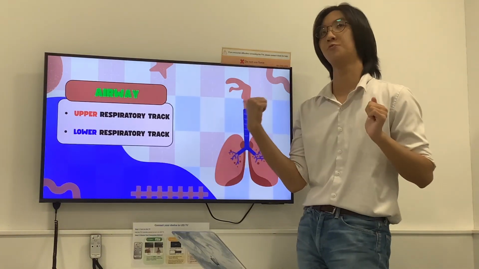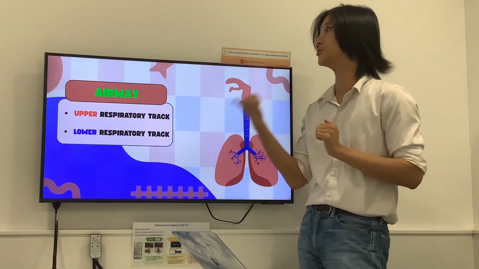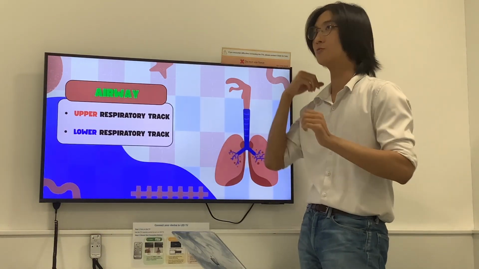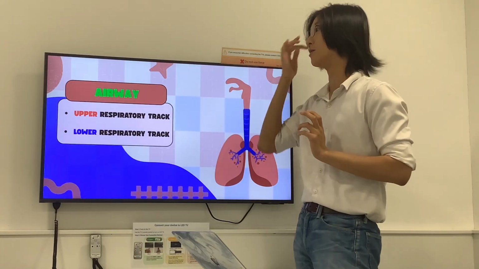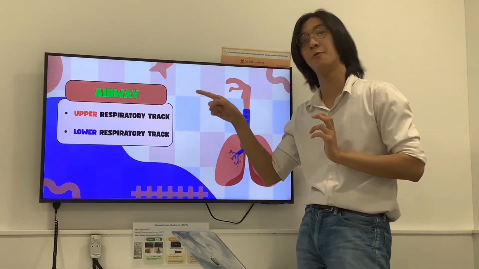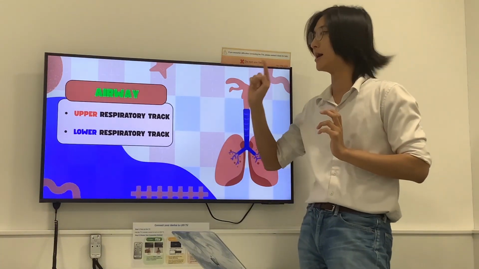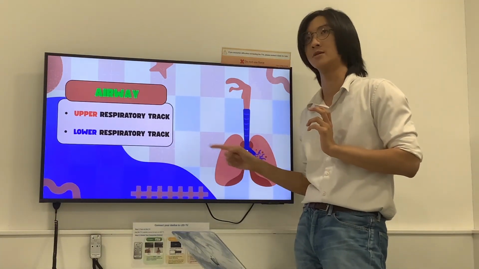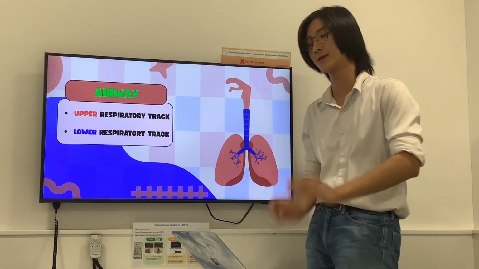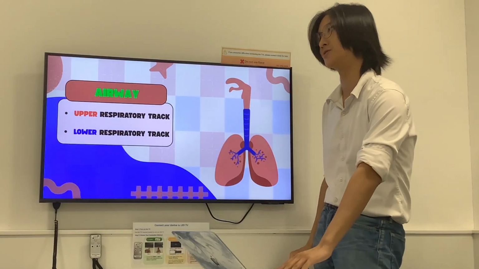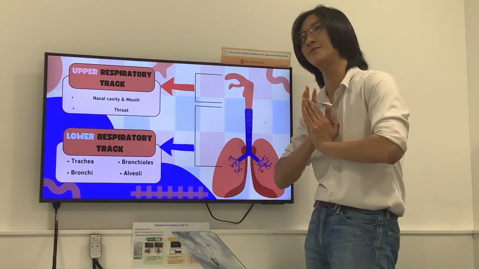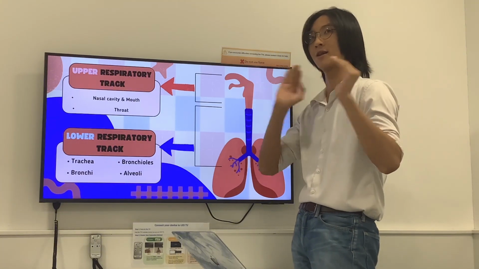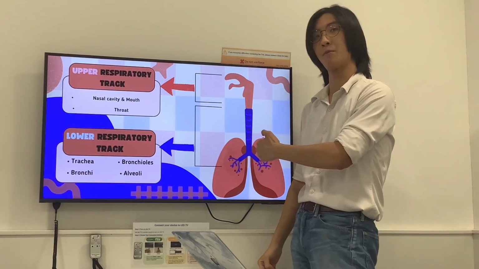So if we are going to deep dive into the structure, we mainly divide it into two main components: the upper respiratory tract and the lower respiratory tract. It's really simple to classify by the components involved.